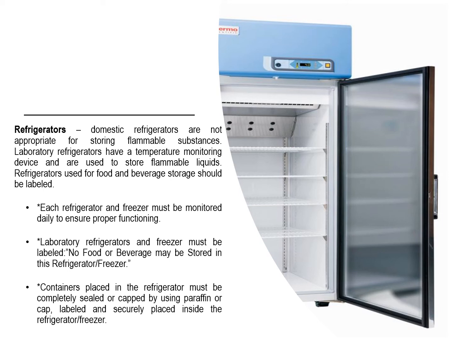You have to place a label on your refrigerator that no food or beverage may be stored in this refrigerator or freezer. So if you want to store food inside the laboratory, you can purchase a separate refrigerator solely for your food and beverages, and you don't need to put it in any of the main sections of the laboratory, but you have to place the refrigerator in the pantry.